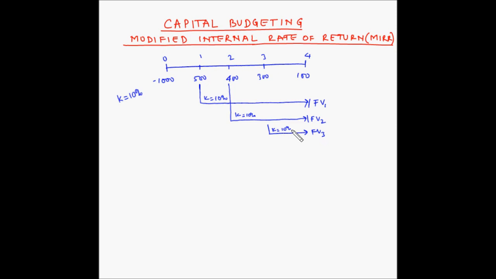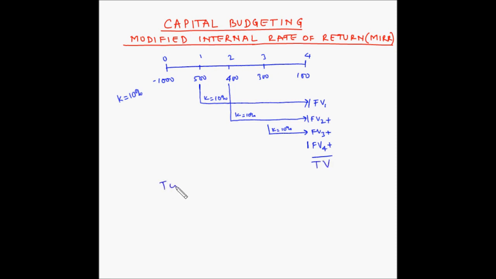K equals 10%. And this 100 rupees will remain as it is because there is no more tenure for it to be deposited and gain interest. So this will be FV4, which will be the same as 100. So the sum of all these, FV1 plus FV2 plus FV3 plus FV4, will be the terminal value.